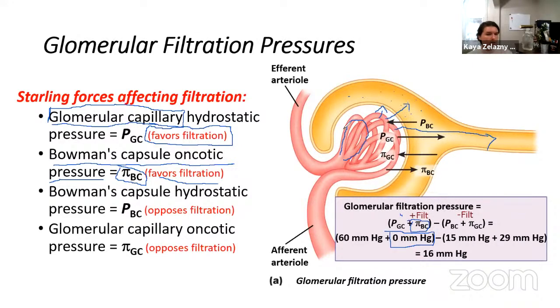But under normal conditions, we shouldn't have proteins there because they can't cross that barrier for filtration, which is composed of our capillary endothelial layer, basement membrane, and then those podocytes, that modified epithelium that makes up the layer surrounding those capillaries and leading into Bowman's capsule. Okay, so we would put it in our equation, but we won't actually have a value there because we shouldn't have proteins.